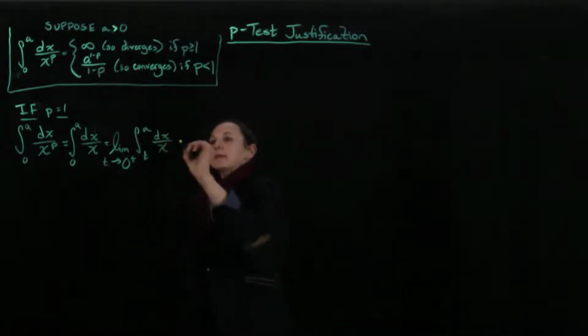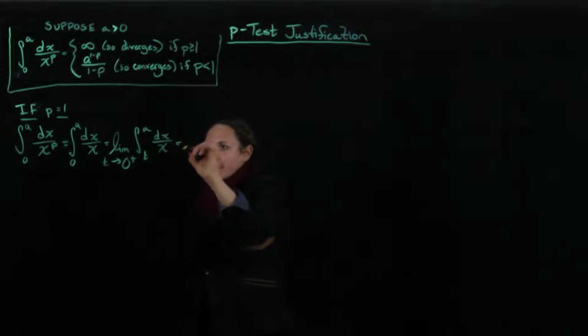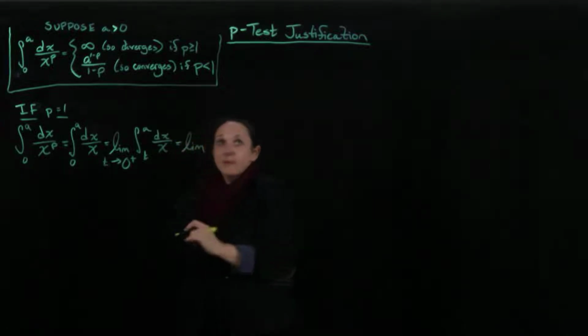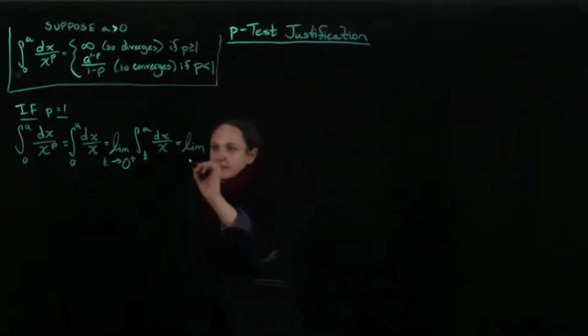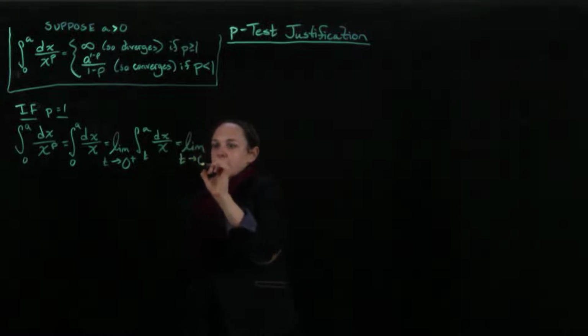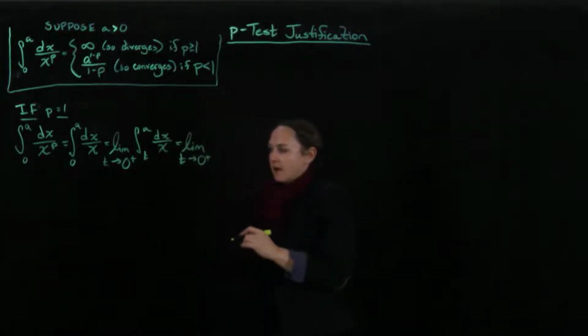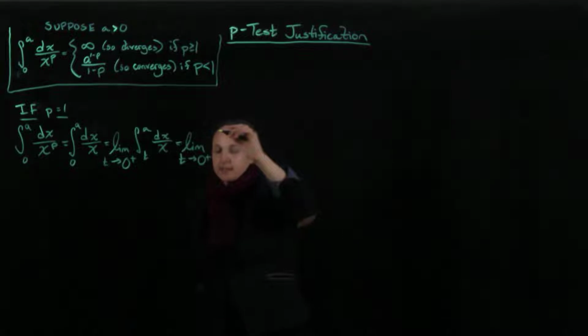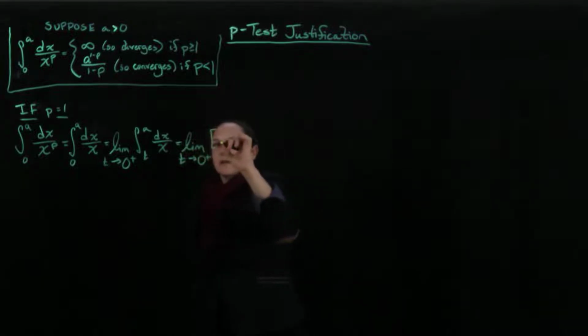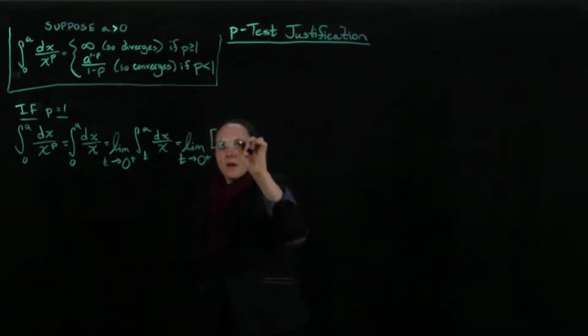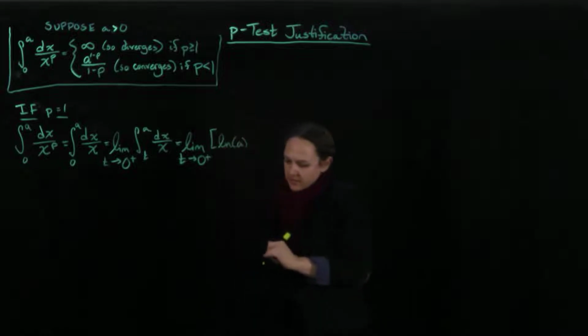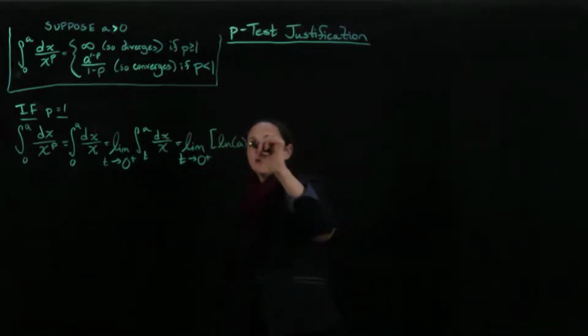This is equal to the limit as t goes to 0 from the right-hand side of the natural log of a, because a is greater than 0 so I don't need the absolute value, minus the natural log of t.